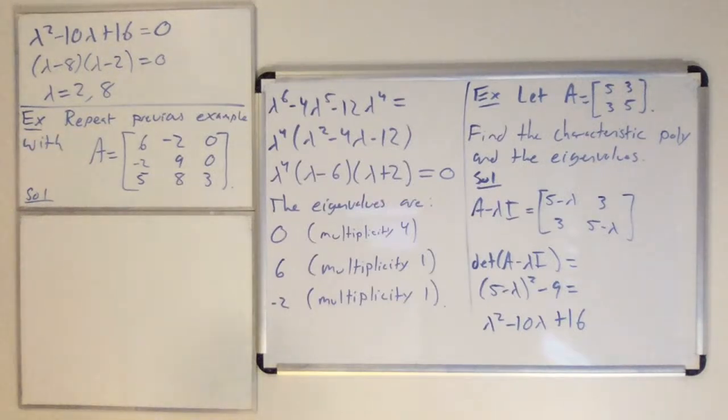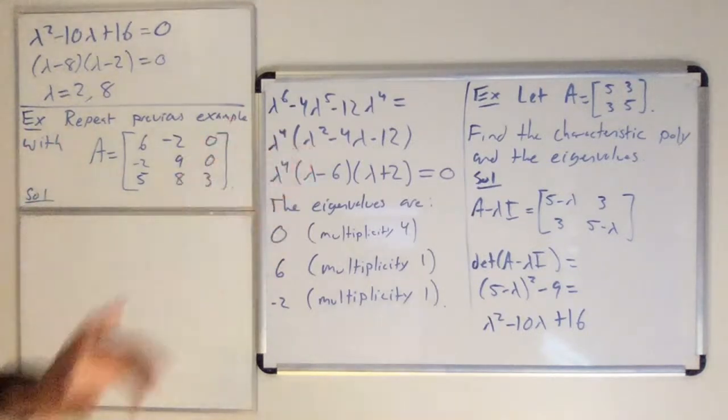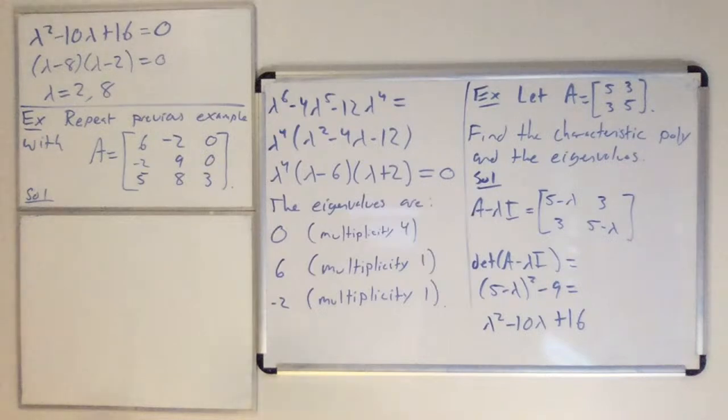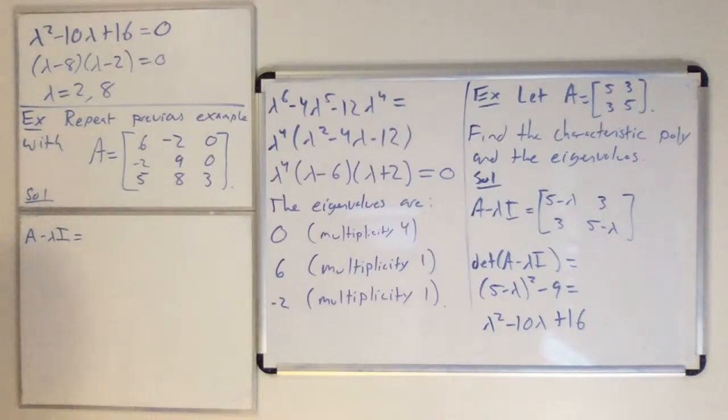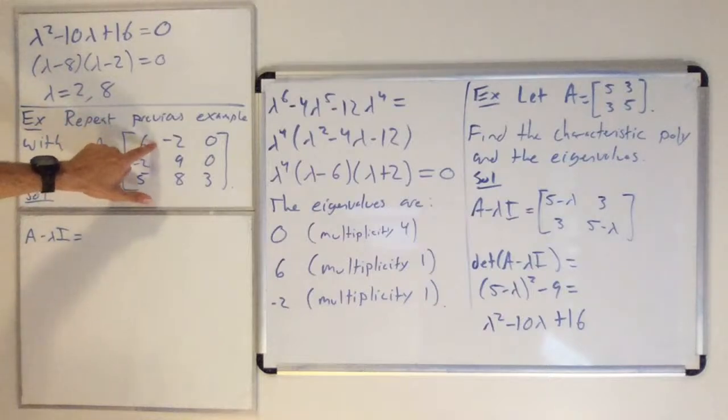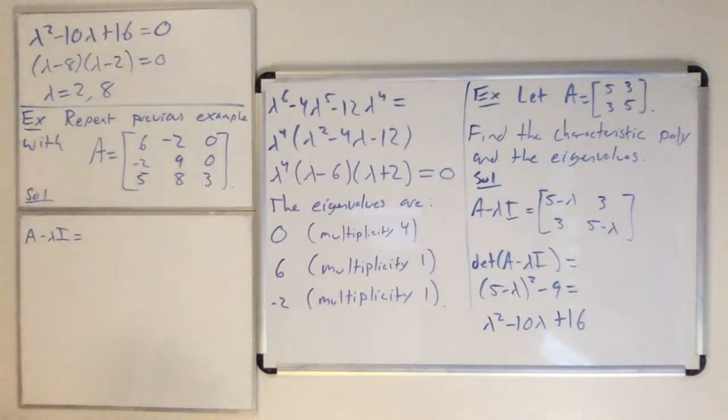Okay, so yeah, we want to repeat the previous example. We're going to go through the same steps basically. It's just going to be a little bit harder to find the determinant of A minus lambda I. So the matrix A minus lambda I is basically you're just going to take A and subtract lambda from the entries down the main diagonal.